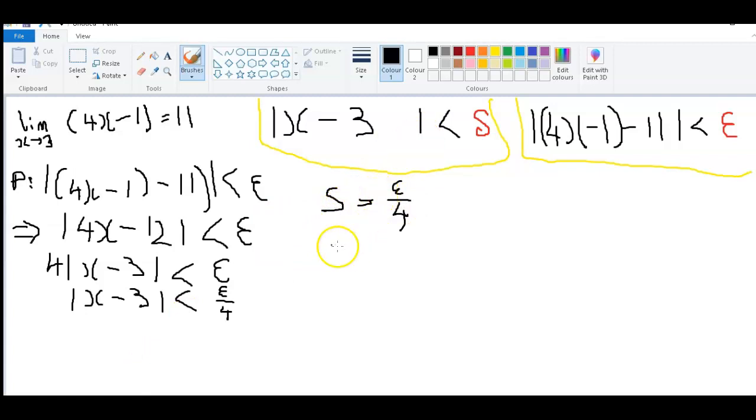Now, when I got this, now that we're done with this equation, I want you to go to this equation and replace delta with epsilon over 4. And I want to see what it gets, right? So x minus 3 is less than, now change delta to epsilon over 4.